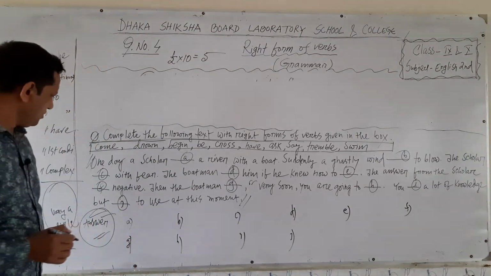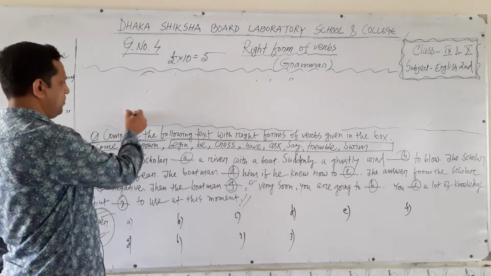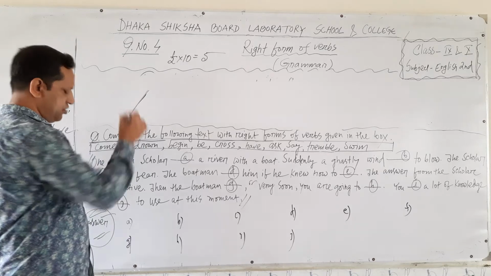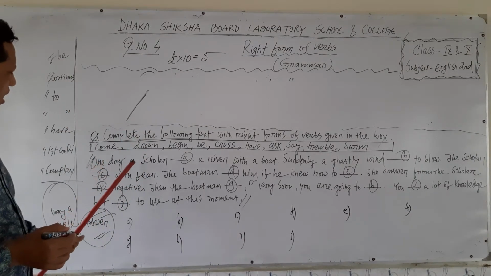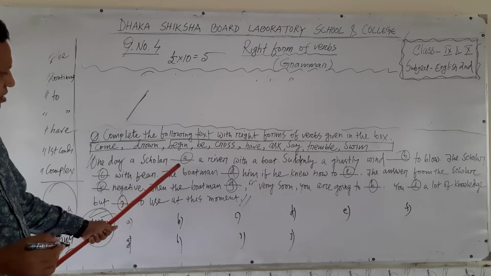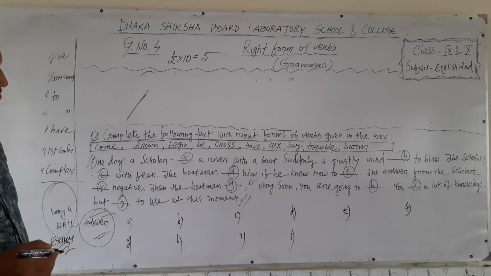So, my students, I have discussed some rules at the very beginning of my lecture today. So, one day a scholar crossed a river. So, it is in the past tense.